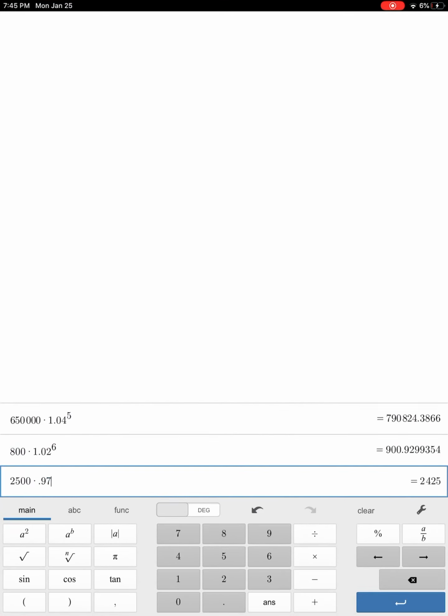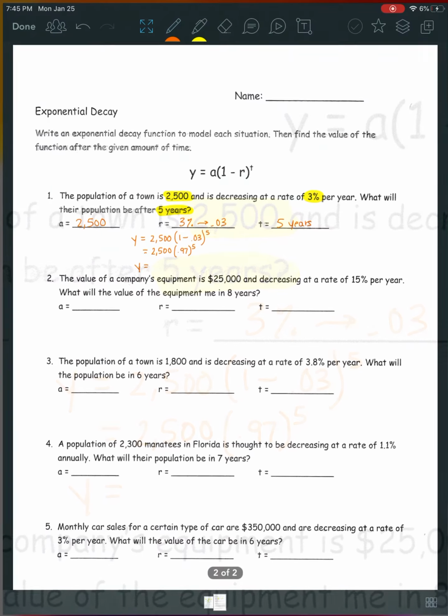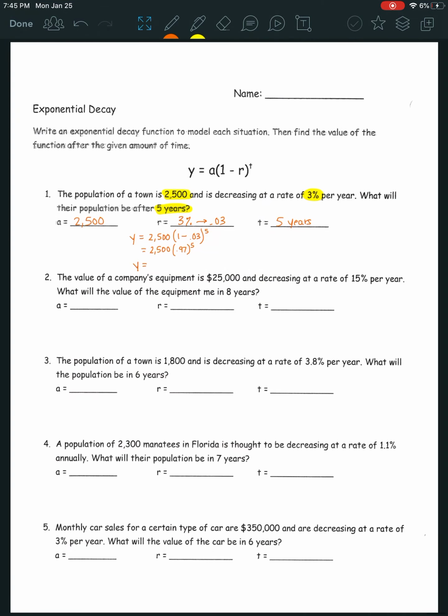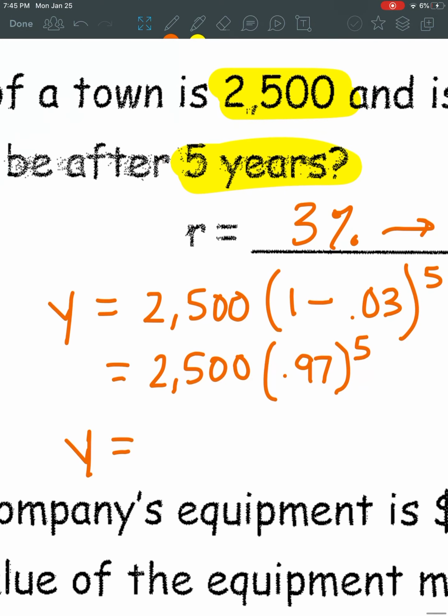And again, I'm going to plug it straight into my calculator. 0.97. If that value is between 0 and 1, then we know that it is a decay problem, and we know that this value has to go down. So 2,146.8.